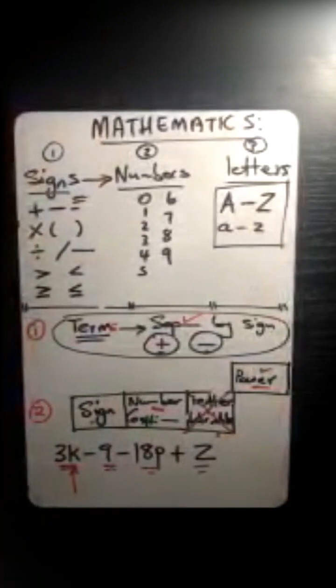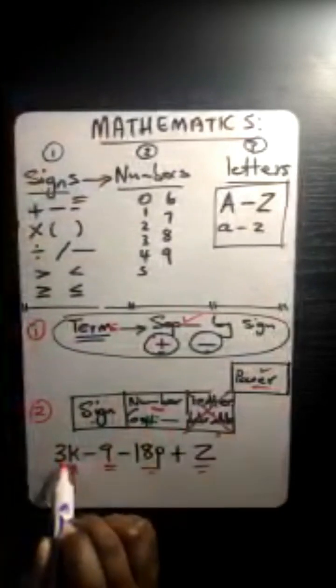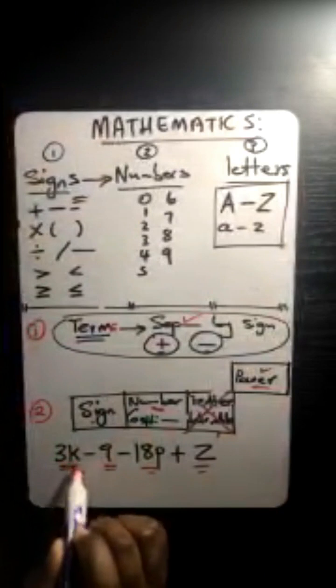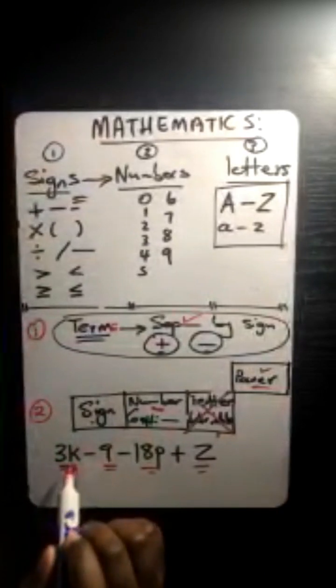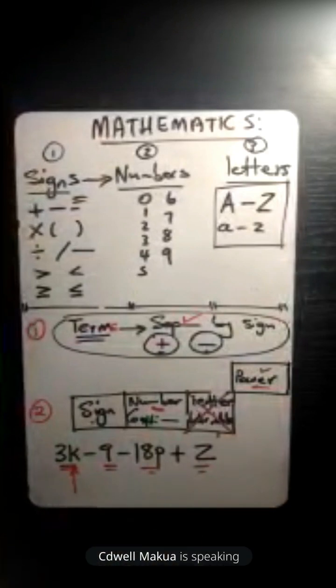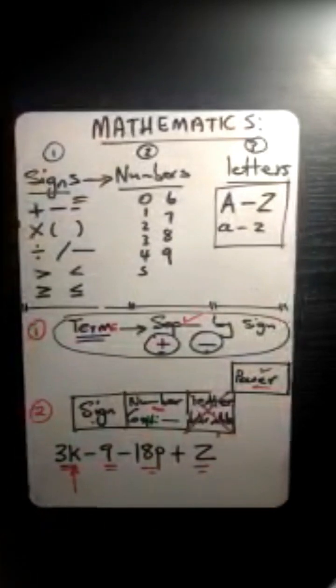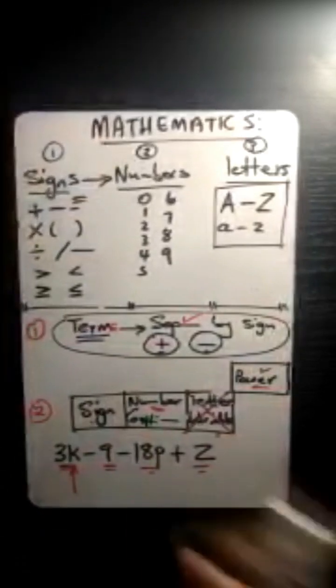Yes. A positive 3, and then you see a letter K. I just wanted you to correctly say letter K. Oh, letter K. Yeah, that's what I meant when I was saying not a sign, but a letter.